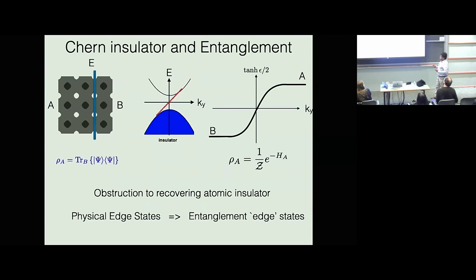The Wannier functions cannot be shrunk into these point-like objects if you have a hope of recovering a non-trivial entanglement spectrum that looks like that. Okay, so it's ultimately related to the entanglement in these non-trivial insulators that you have this obstruction going from the band picture to the atomic picture.